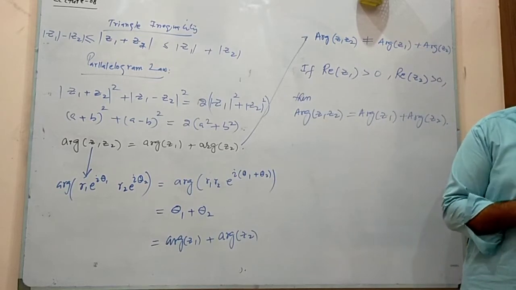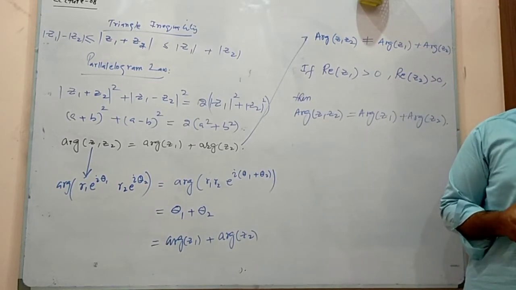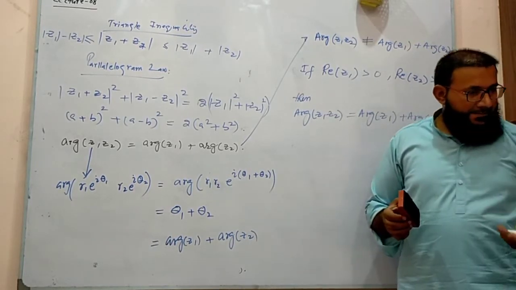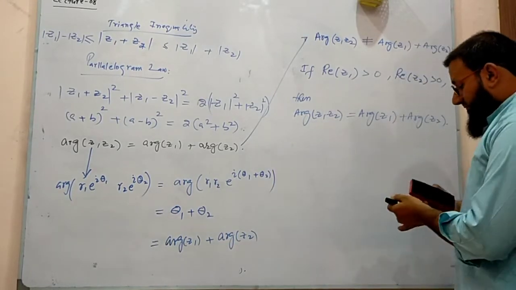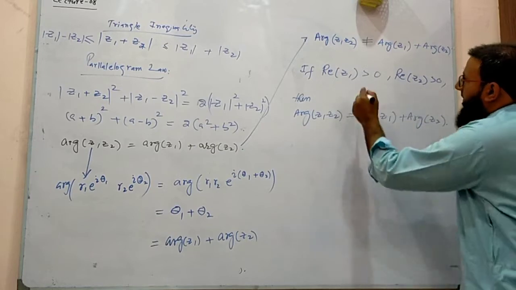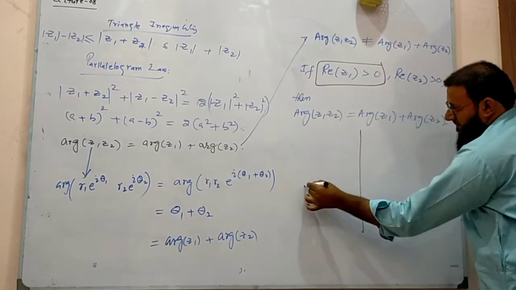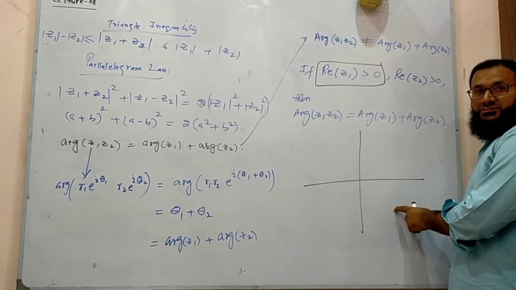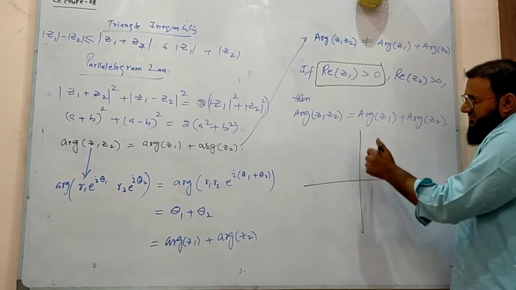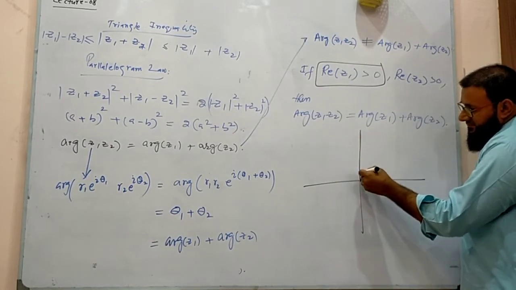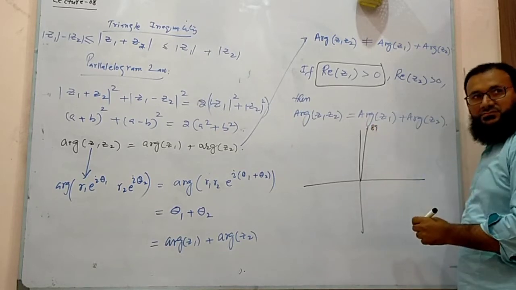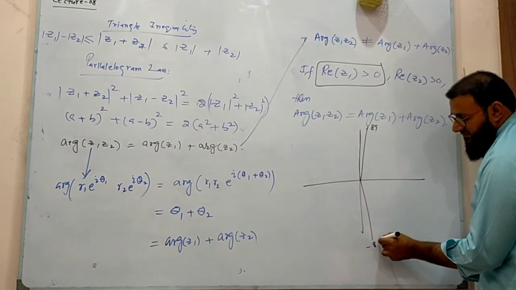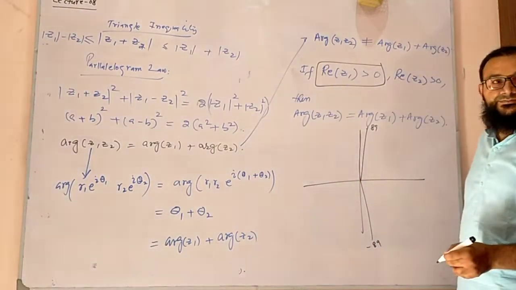Can you tell me why? Why is that so? Real part greater than 0 means what? Positive. It lies in the first or fourth quadrant. So the maximum angle in the first is, let's say, 89, and in the fourth the maximum angle is minus 89.